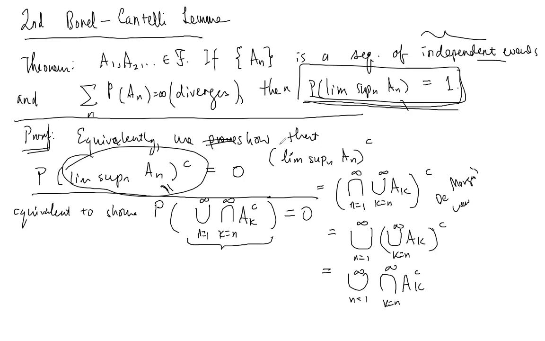All right. So therefore, this is equivalent: the lim sup of the complement is equal to these things. So showing that P of lim sup An complement is 0 is equivalent to showing this result. Okay.